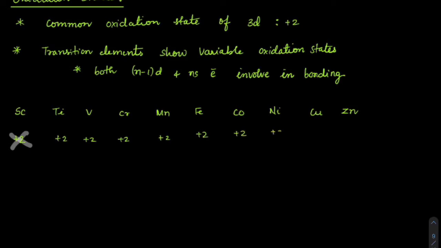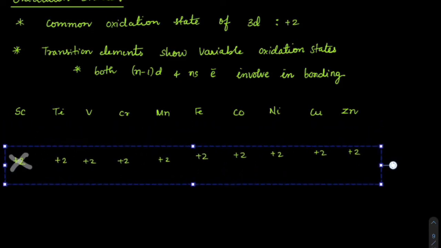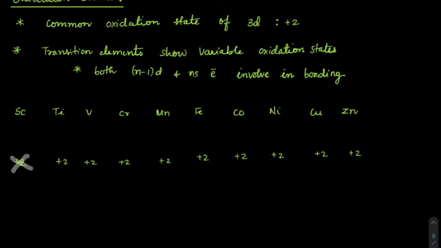It may so happen few of them may be very stable, few of them may be less stable, but definitely +2 oxidation is observed, right? Along with this, we will also see +1 oxidation state for few elements here, in which the most +1 oxidation state observed is for copper, in few cases for chromium. For these two, we would usually see +1 oxidation state.